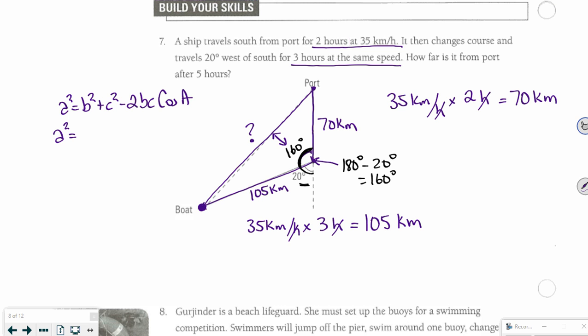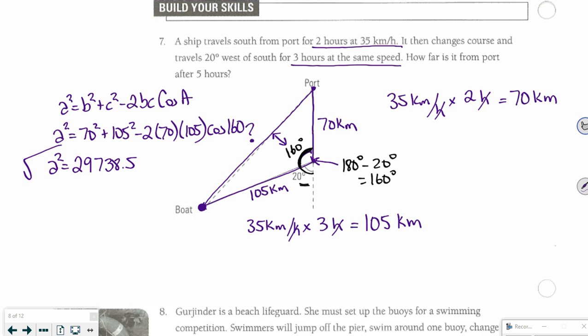So my other two sides go in here. 70 squared plus 105 squared minus 2 times 70 times 105 times cos of 160, the angle across from the side I'm looking for. All of this gives me a squared is equal to 29738.5.